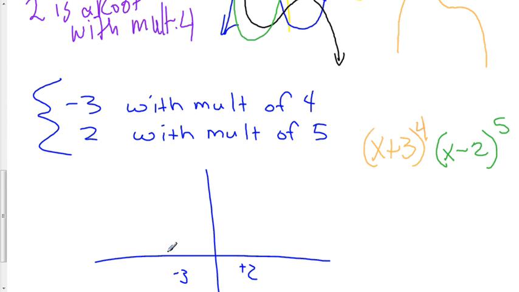Plotting those, negative 3 would be here, a positive 2 would be here, and since negative 3 was to the 4th power, this point is just going to touch, and the 2, because it is to the 5th power, is going to pass through. So we maybe have to do something like this, and then curve it back down.